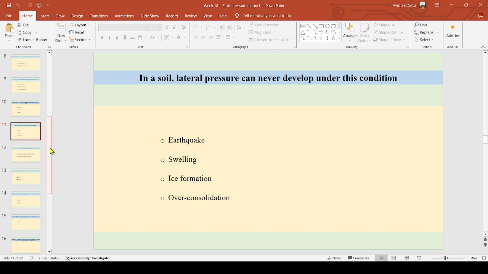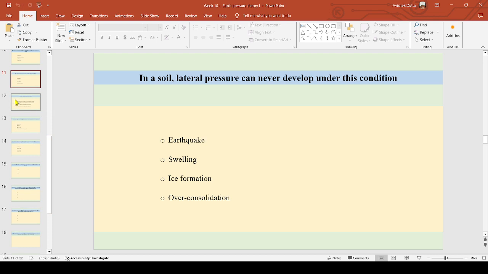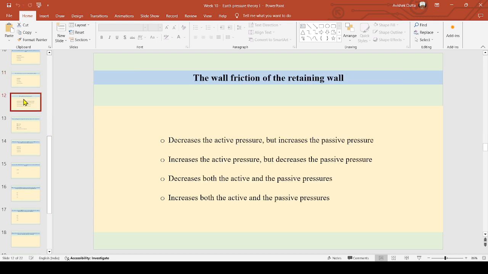Okay. Next question. The wall friction of the retaining wall. You have to tell me what is the effect of the wall friction on the retaining wall. Option 1 decreases the active pressure but increases the passive pressure.